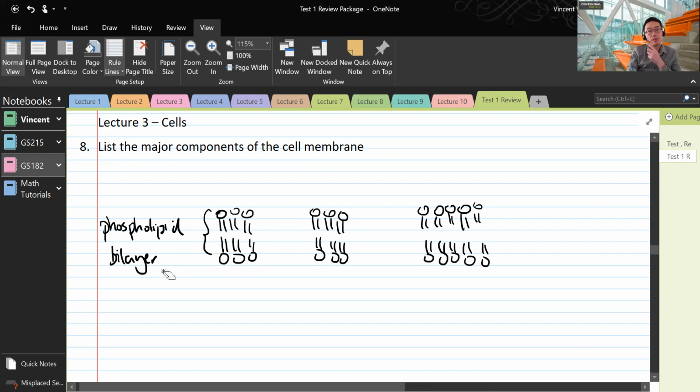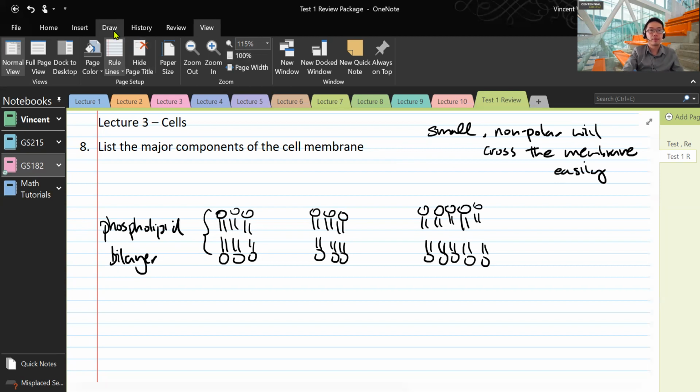Now, because of the hydrophobic core here, things that are small and nonpolar will cross the membrane easily. All right.